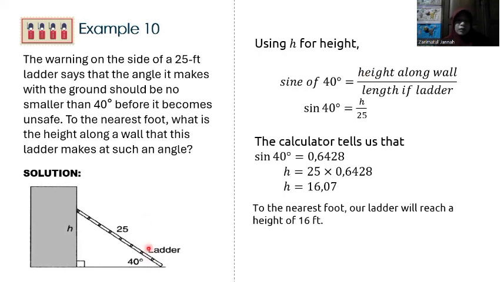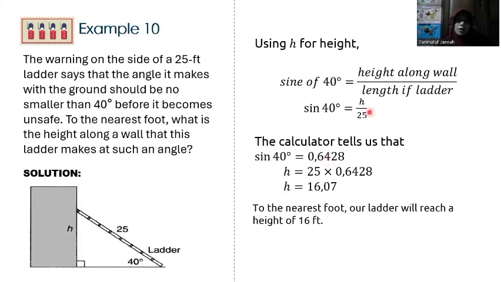So we know the angle is 40 degrees. So sine of 40 degrees equals height per the length of ladder, which is 25.